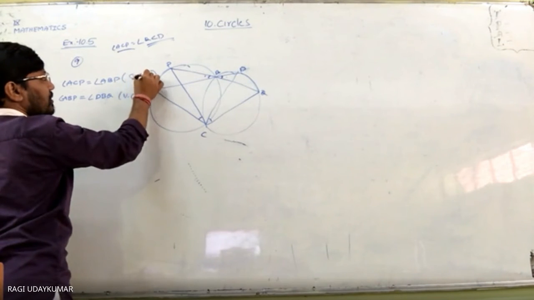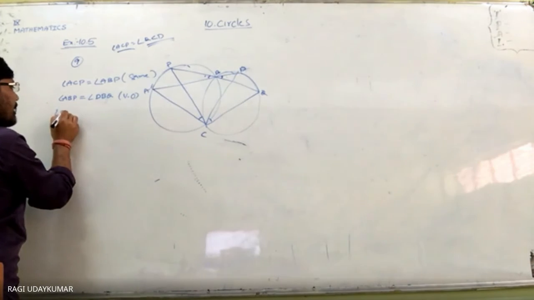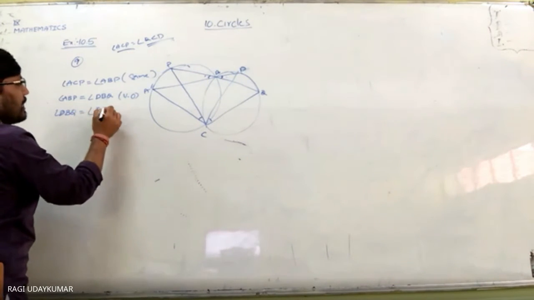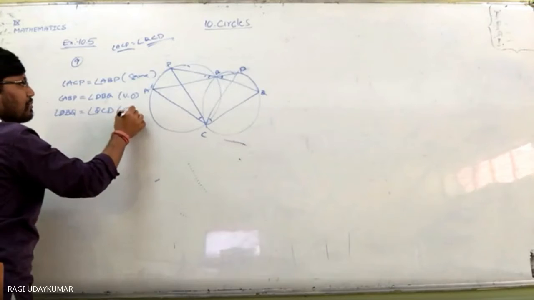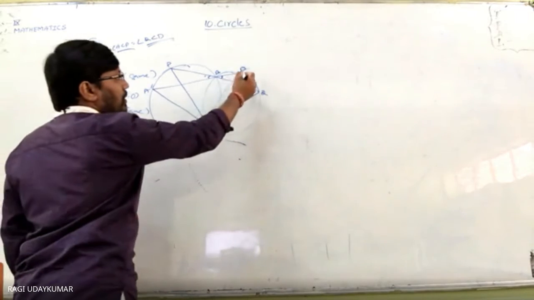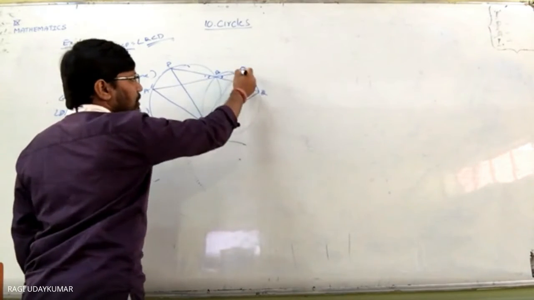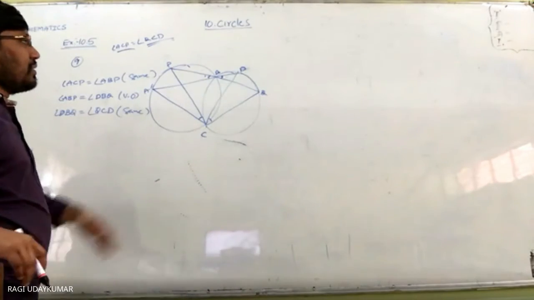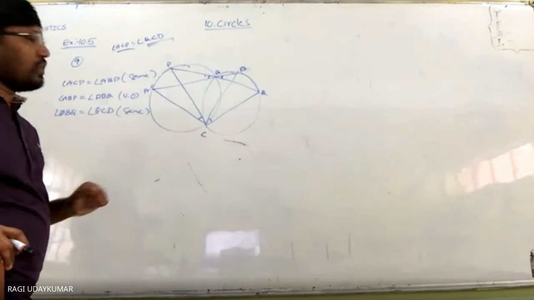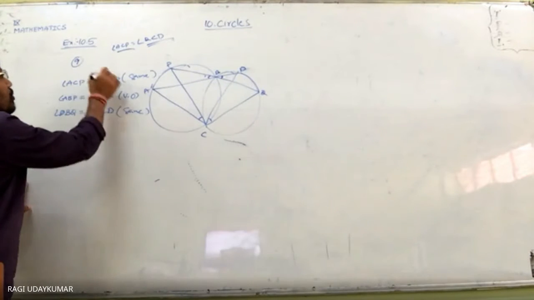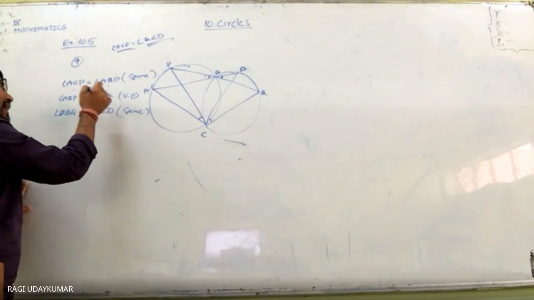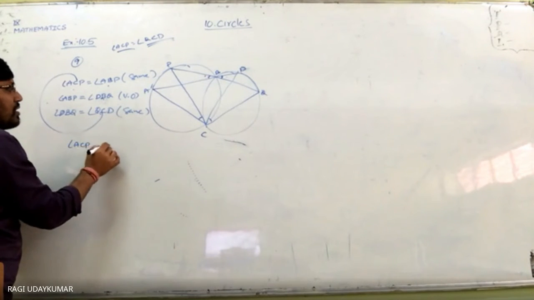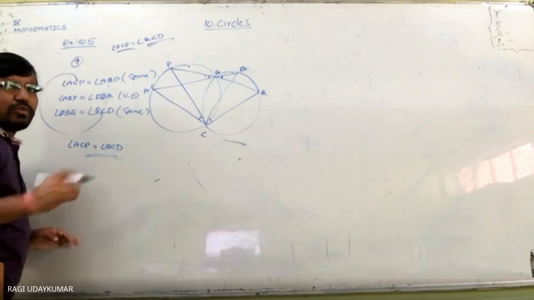Angle DBQ will be equals to angle QCD because same segment. DBQ is equal to DCQ or QCD. ये इसको इक्वल है, ये इसको इक्वल है, ये इसको इक्वल है, so ये दोनों इक्वल होगा. So angle ACP is equals to angle QCD. 3-4 steps problem.